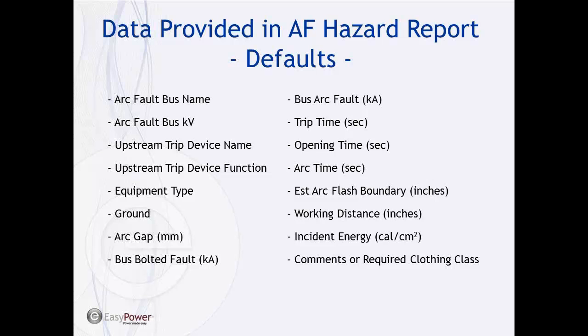So the default data includes the arc fault bus name, the arc fault bus kV, upstream trip device name, upstream trip device function, equipment type, ground, arc gap, bus bolted fault, bus arc fault, trip time, opening time, arc time, estimated arc flash boundary, working distance, incident energy, and comments or required class.